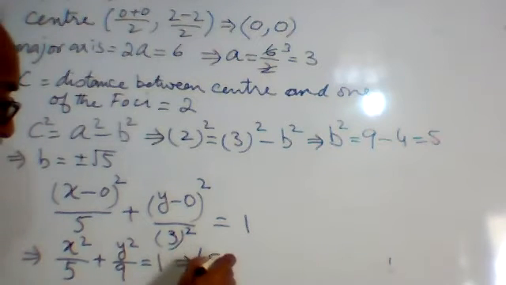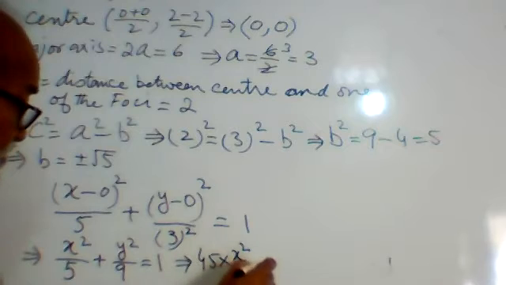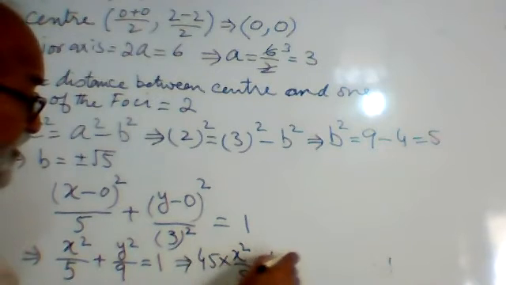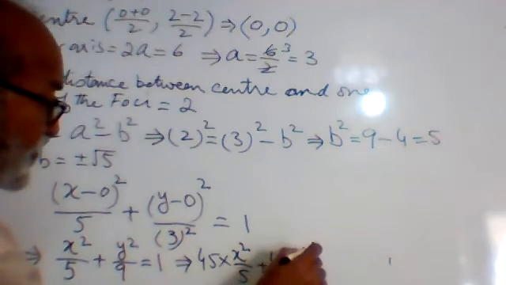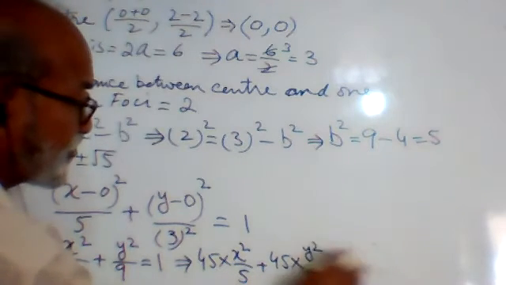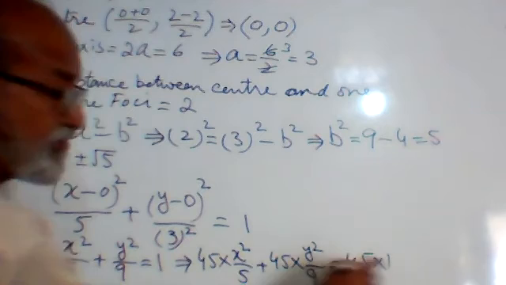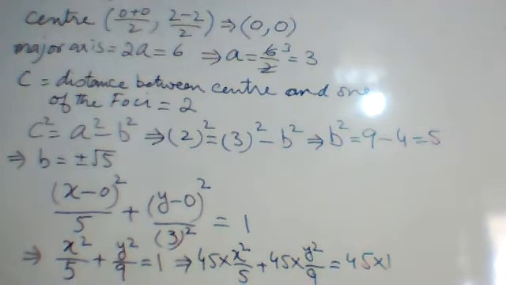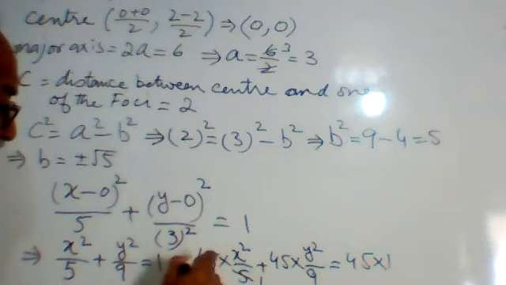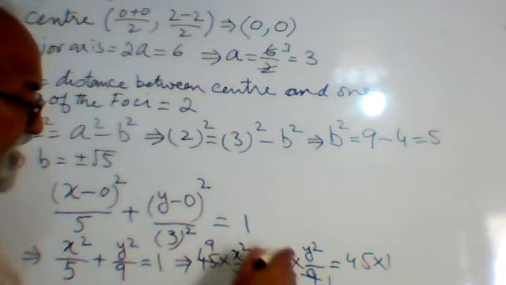we will get 45 into x square upon 5 plus 45 into y square upon 9 equal to 45 into 1. 5 ones are 5, 5 nines are 45, 9 fives are 45.